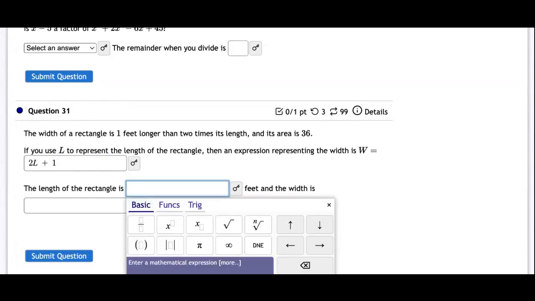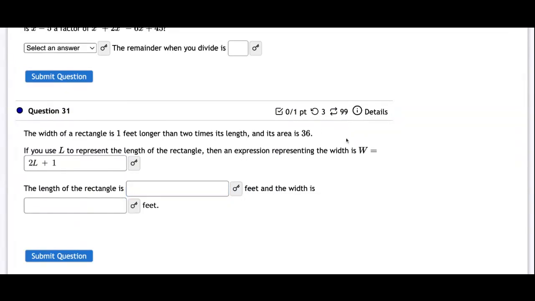It's exactly similar to the one you asked before. The area is 36. So you get 36 equals L times 2L plus 1. You solve the quadratic equation.